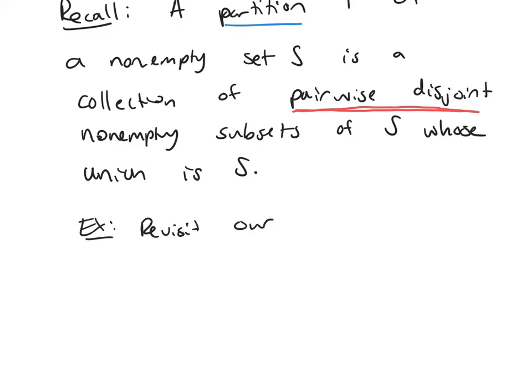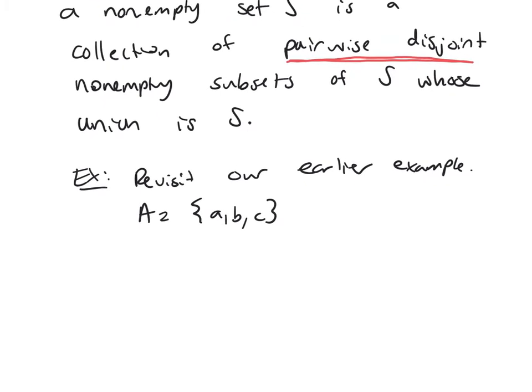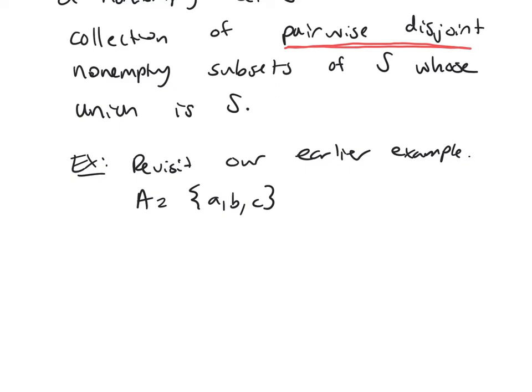If you remember, we had our set A, which was A, B, and C, and we found there was a relation R. I'm not going to write it down here, but we found the distinct equivalence classes. We had the equivalence class of A or B, they were the same, and then the equivalence class of C.